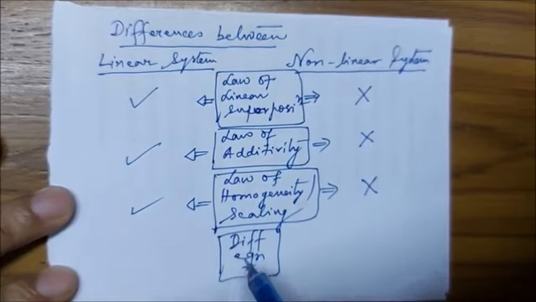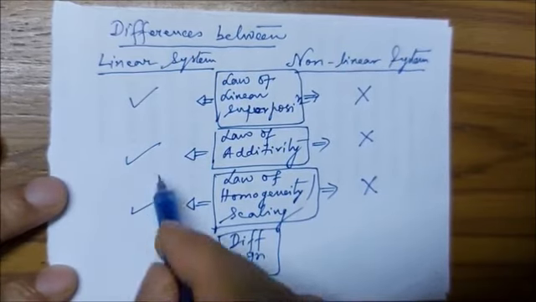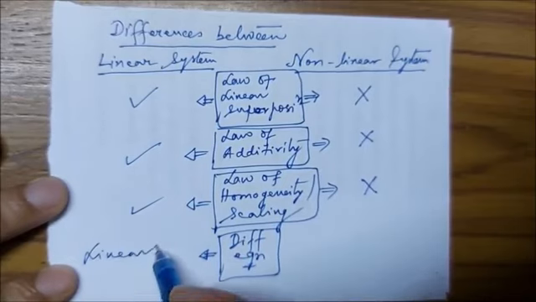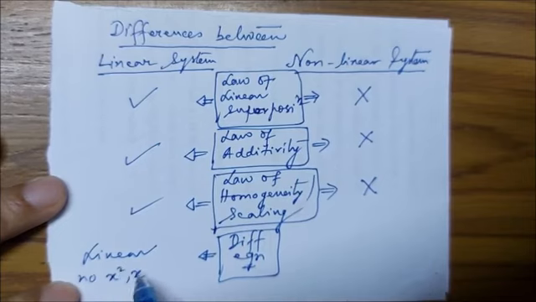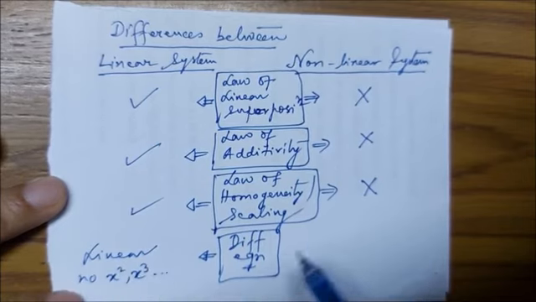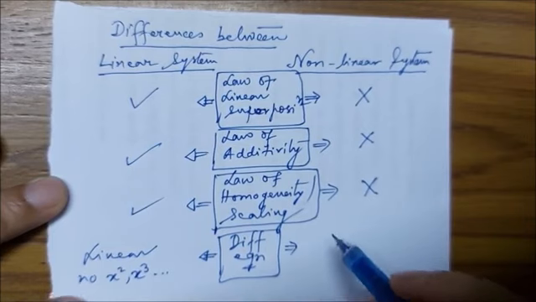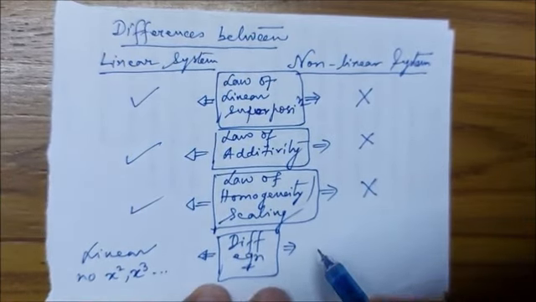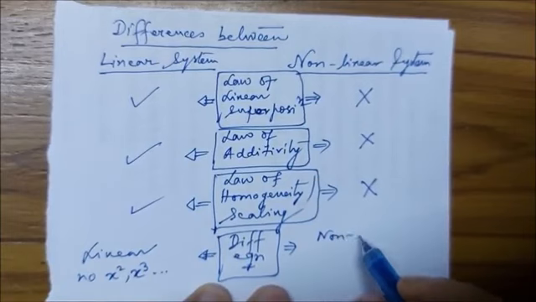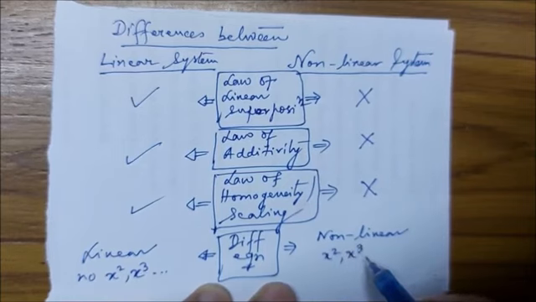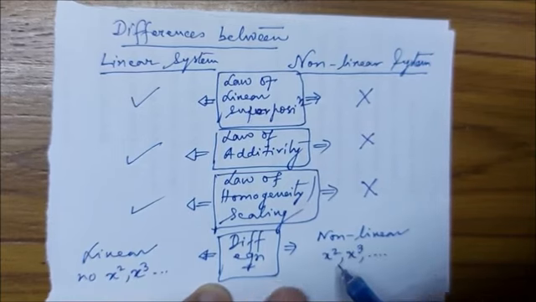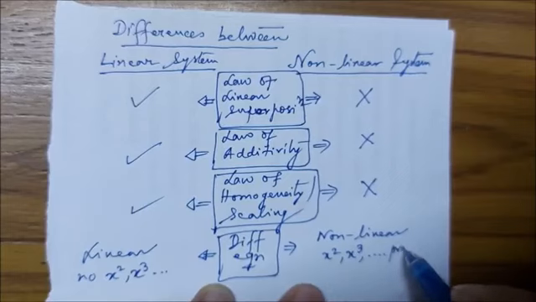Differential equation that describes a linear system is linear, and there are no terms like x square, x cubed, etc. But to describe nonlinear system, we use differential equation, which is nonlinear and involves terms like x square, x cubed, etc. So these are present.